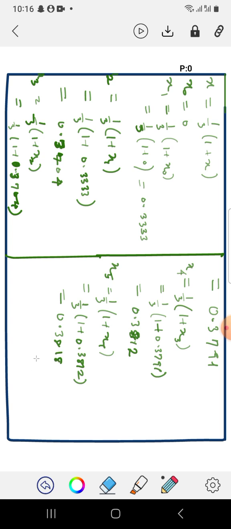It's going to give you 0.3818. Then your x6 is going to be 1 over 3 into 1 plus 0.3818, and that is going to give you 0.3819.